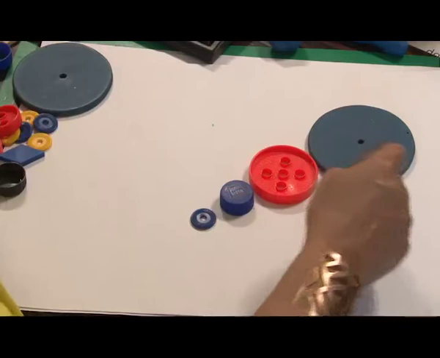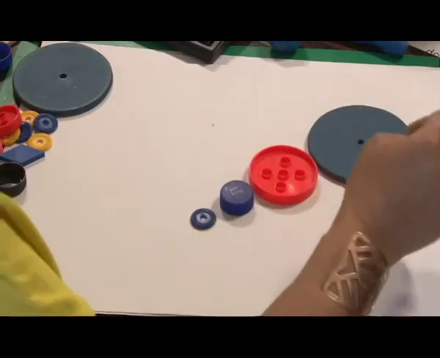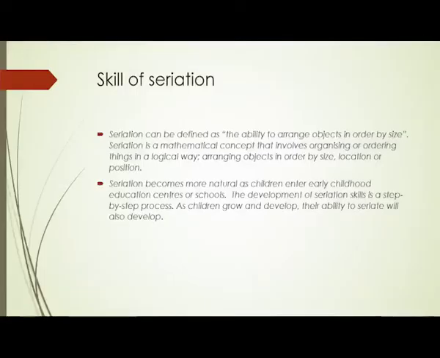From smallest to bigger, first, last. Seriation becomes more natural as children enter early childhood education centers or schools. The development of seriation skills is a step-by-step process. As learners grow and develop, their ability to seriate will always develop.